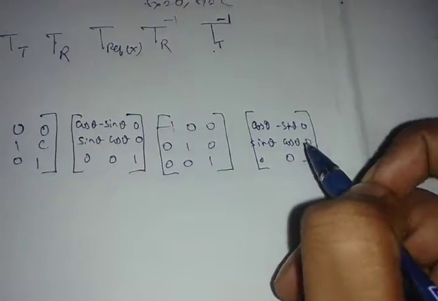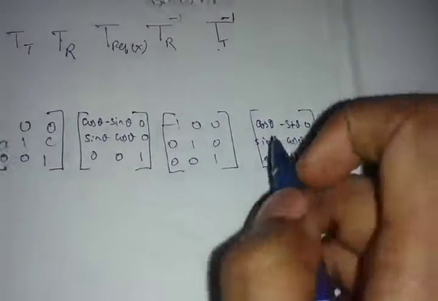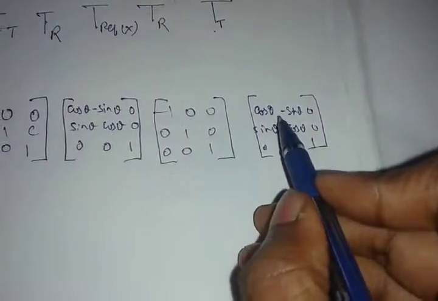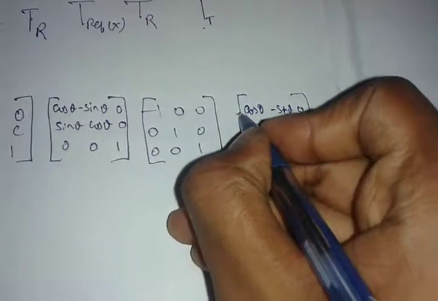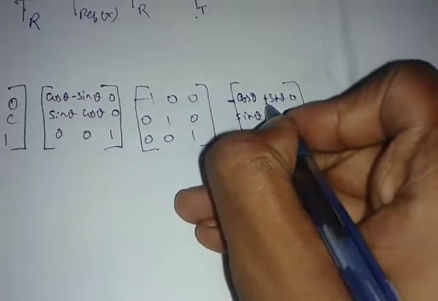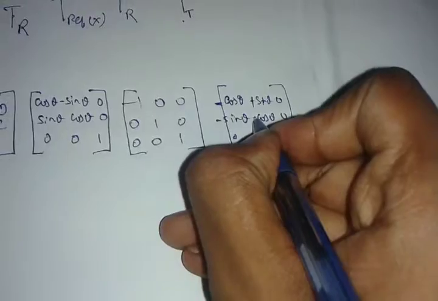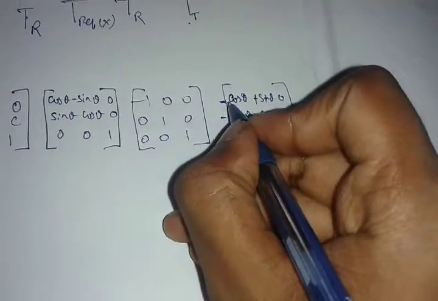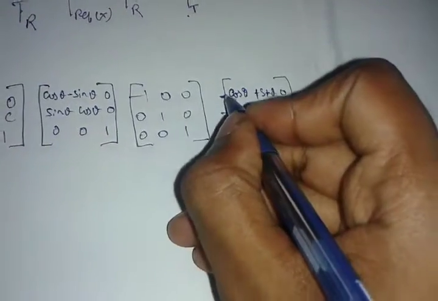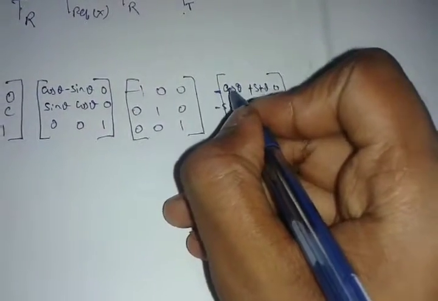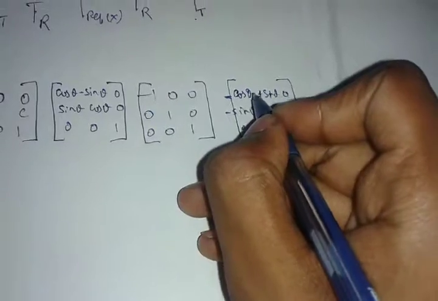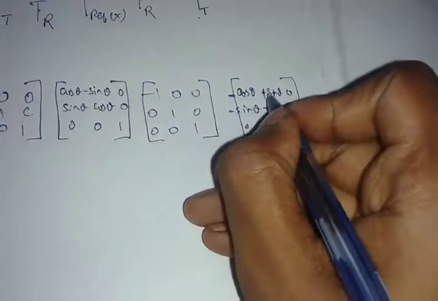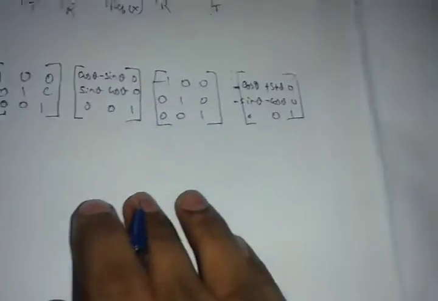You leave the positions of 0 and 1s, and whatever the other parts, you just put minus before that. So minus cos theta will be cos of minus theta, and cos minus theta equal to cos plus theta. So this will be plus and this will be minus. Fine, so you can do it.